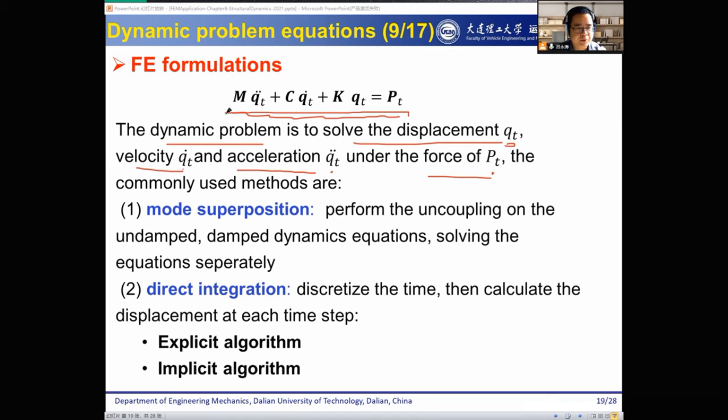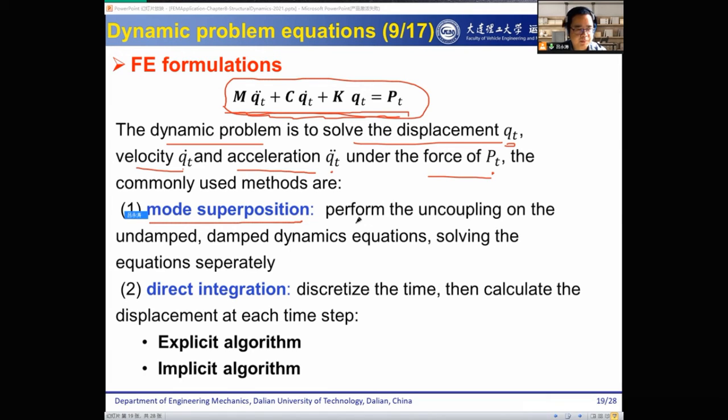Okay. And how do we solve this equation? From this slide we are talking about how we solve this equation. We have many different approaches. Maybe you have already learned this from the previous lectures, so here we just quickly go through the different methods. The first method is the mode superposition method.